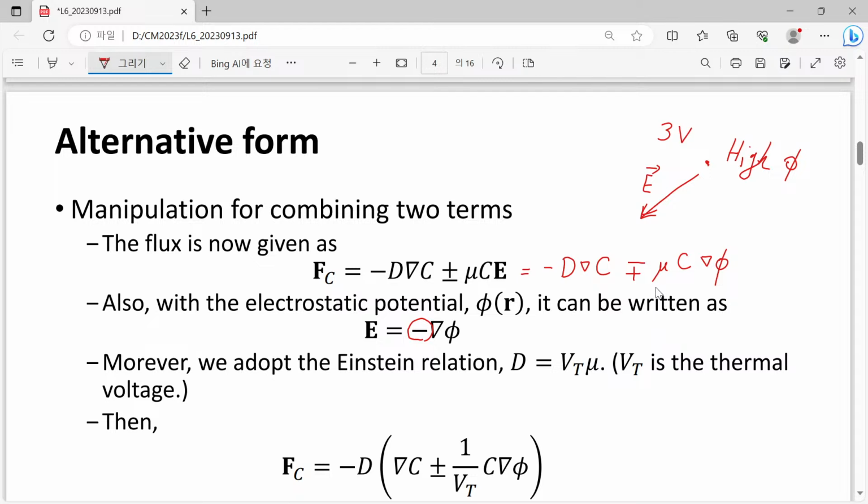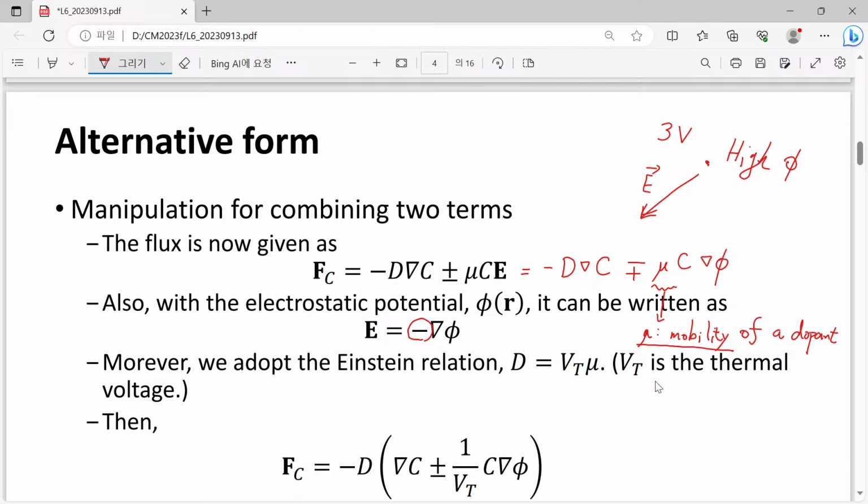Once again, I want to let you know mu is mobility. Sometimes people say mobility and mobility many times. However, in this case, this is the mobility of a dopant ion we are talking about.